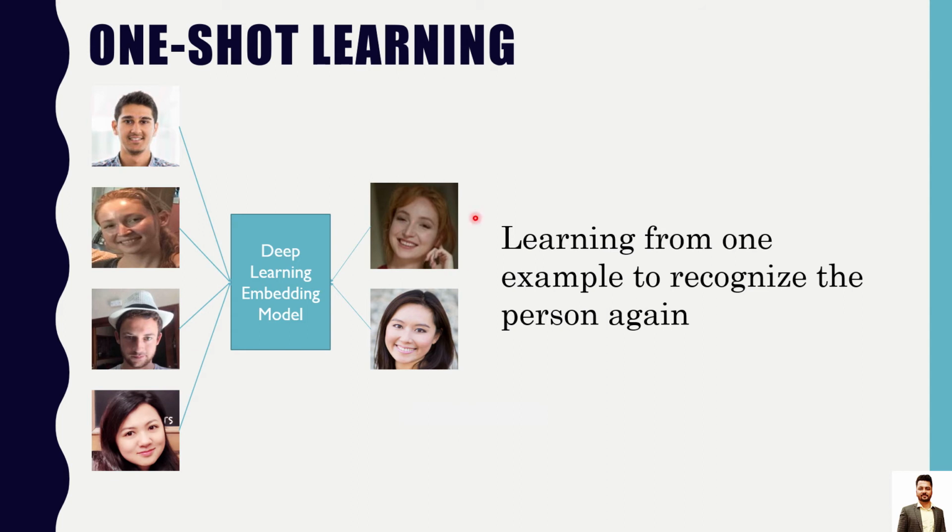So if this lady has the same face as this face, we will say that ID equal to 2 is the ID of this person, right? And similarly for this face. So this is one-shot learning. You have only one image per person, and using a single image of the person we are able to recognize the person who is being probed.